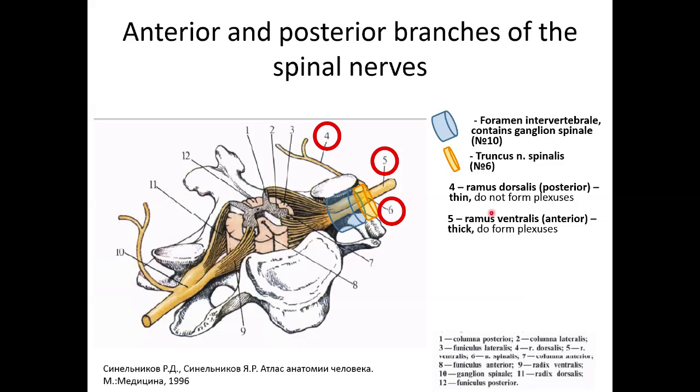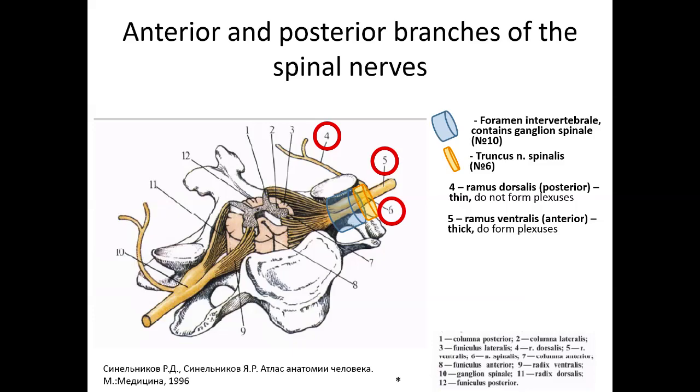So such kind of segmental innervation is characteristic of back, and both superficial structures and skin of back and muscles are innervated by parallelly passing dorsal rami, or ramus dorsalis, ramus posterior of spinal nerve.